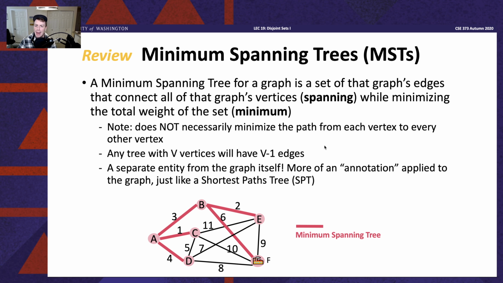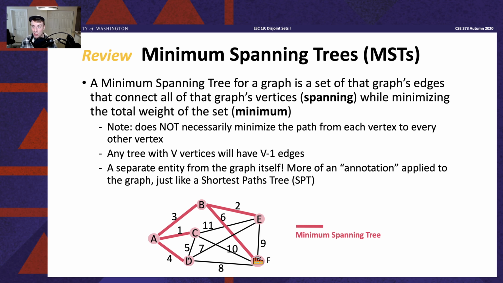We wanted to highlight some key properties about this minimum spanning tree. When we have this minimum spanning tree, it does not necessarily minimize the path from each vertex to every other vertex. For example, the path from F to D is pretty long, right? F to B is 6, B to A is 3, and then A to D is 4.